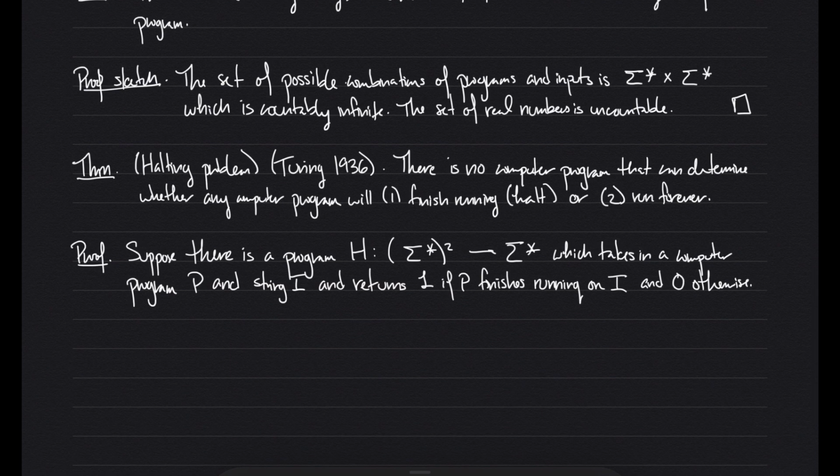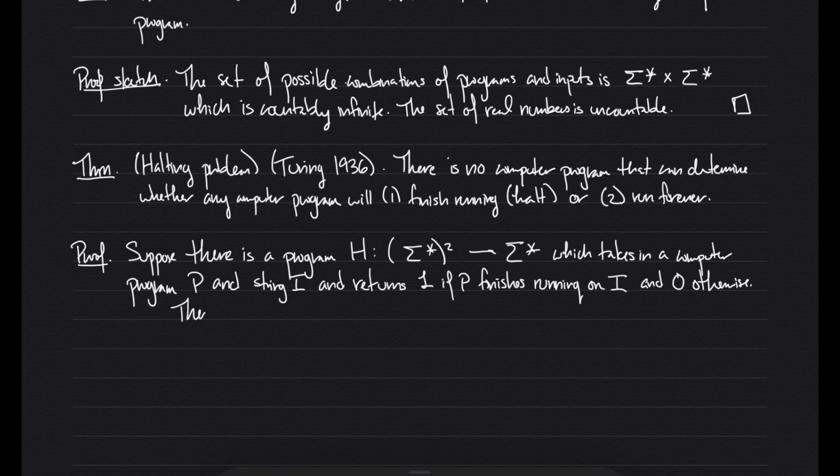Okay, so we're going to suppose we have such a, now what we understand to be a magical computer program which can tell us really anything we want. And we're going to use this as a tool to come up with a contradiction.